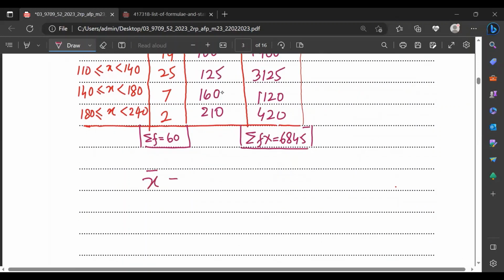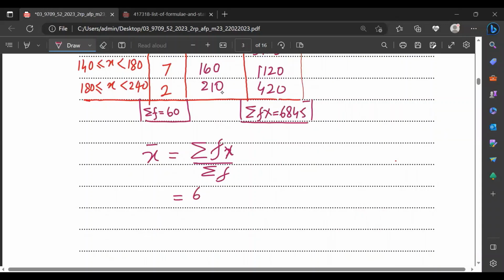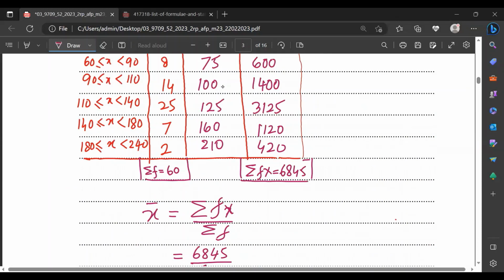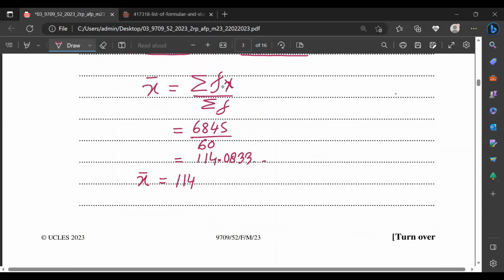The mean is sigma fx over sigma f, using the values obtained from the table: 6845 divided by 60 is 114.0833 and so on. We write the answer to three significant figures, so the mean is 114.